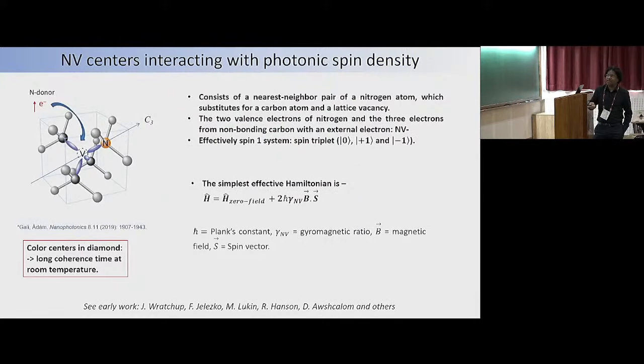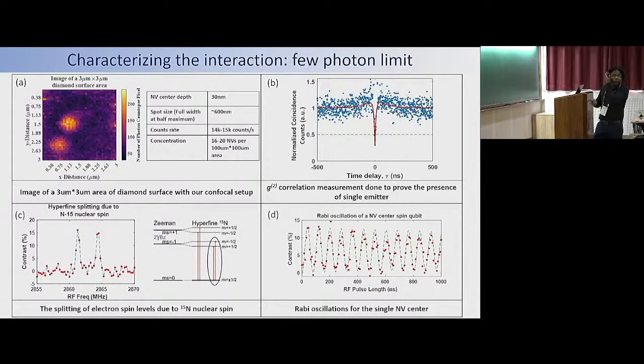I think it's very nice to go through these reviews in detail. From a broad perspective, just think of it as a two-level atom and a spin qubit. There are ways to characterize this, which is now standard in the field. You can isolate single NV centers. What you're seeing is a confocal image.